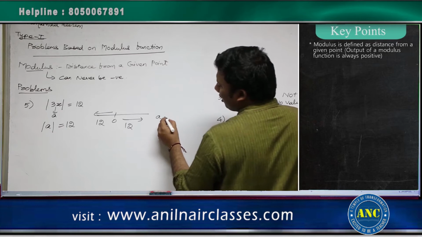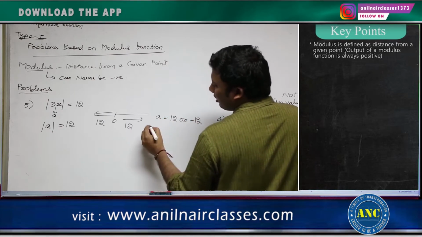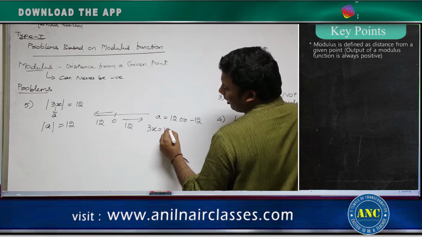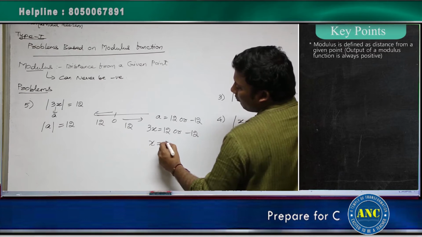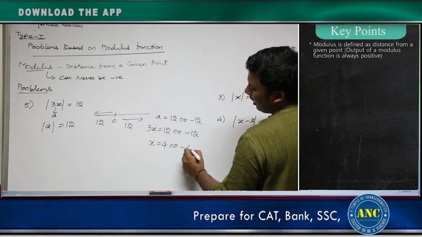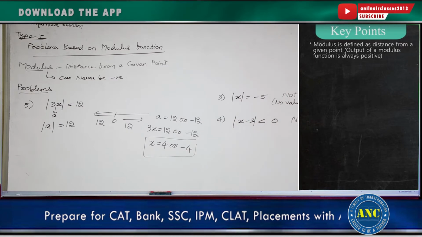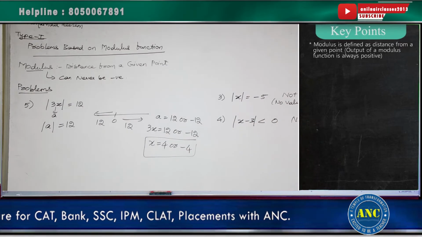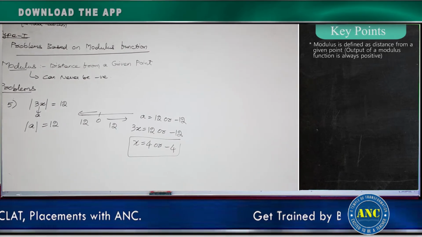So a will be 12 or minus 12. But a value is 3x. 3x equivalent to 12 or minus 12. So x value will be 4 or minus 4. Directly also you can write mod 3x is 12, but I am writing it this way because I want to use this format in the subsequent equations.